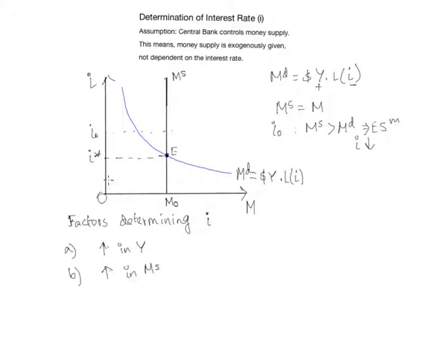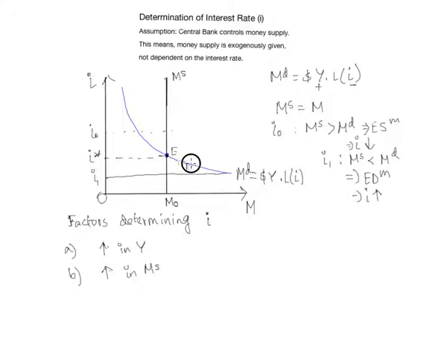Similarly, if the interest rate is anything below I star, so let's say here, which is I1, then at I1 we have the opposite. Money supply is less than money demand, which means there is excess demand for money, which means that interest rates would increase, making bonds more attractive, so this excess demand for money is eliminated.